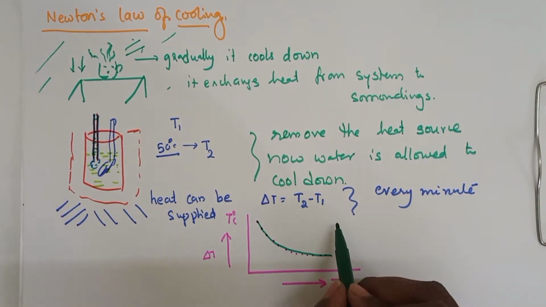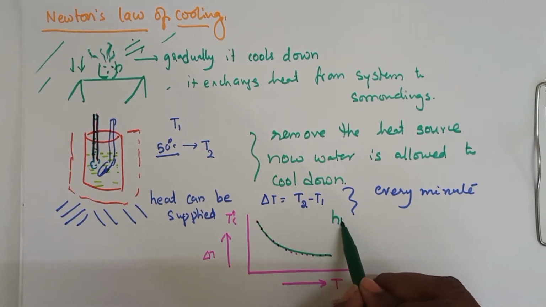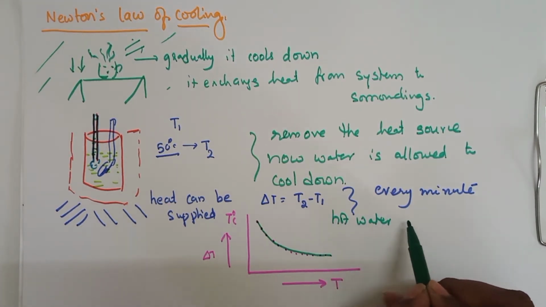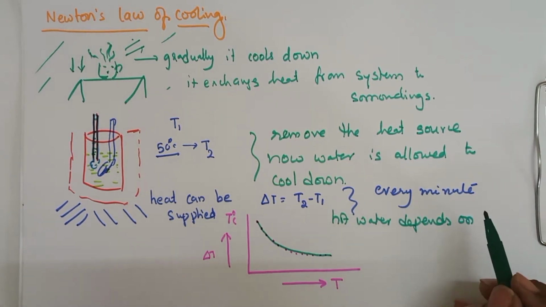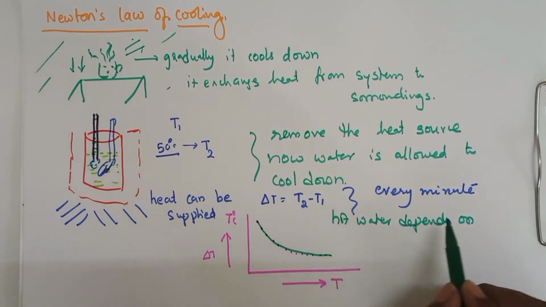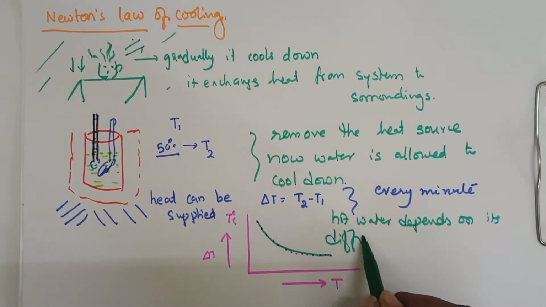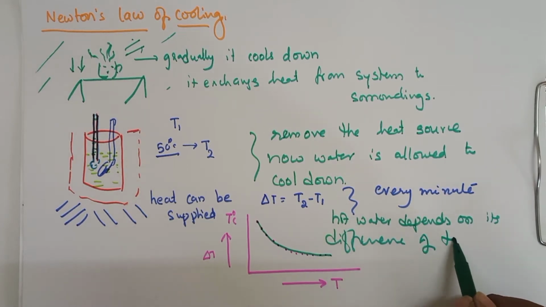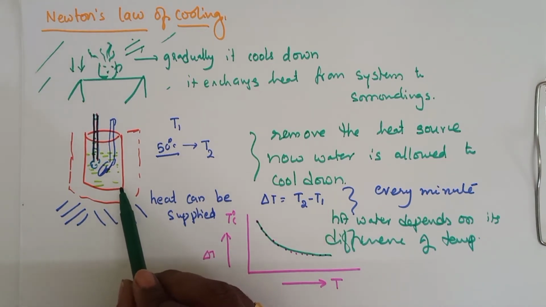Now what you can find out from the graph is that the cooling of hot water depends on the difference of temperature, right? And the nature of the substance is also a factor, right?